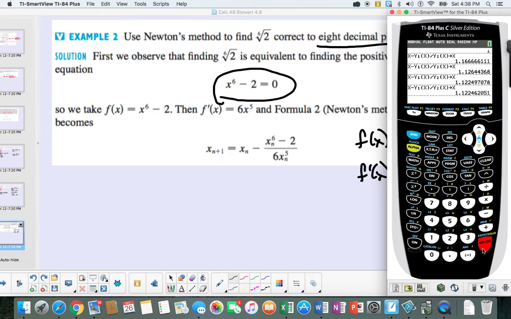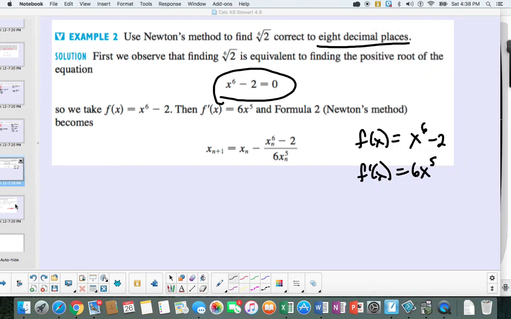I'm going to do it one more time. And here we go. It looks like these numbers are the same to 8 decimal places. So I'm going to say the answer is this. I can't write it all, so it's 1.2246204. And I think those will be the 8 decimal places.